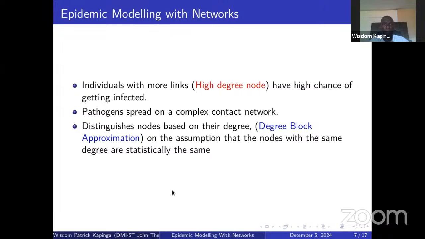So epidemic modeling with networks distinguishes nodes based on their degree. The degree here is the number of contacts that every node or every individual has. This process we call a degree block approximation. So what happens here is this. We're looking at different people having different numbers of contacts.